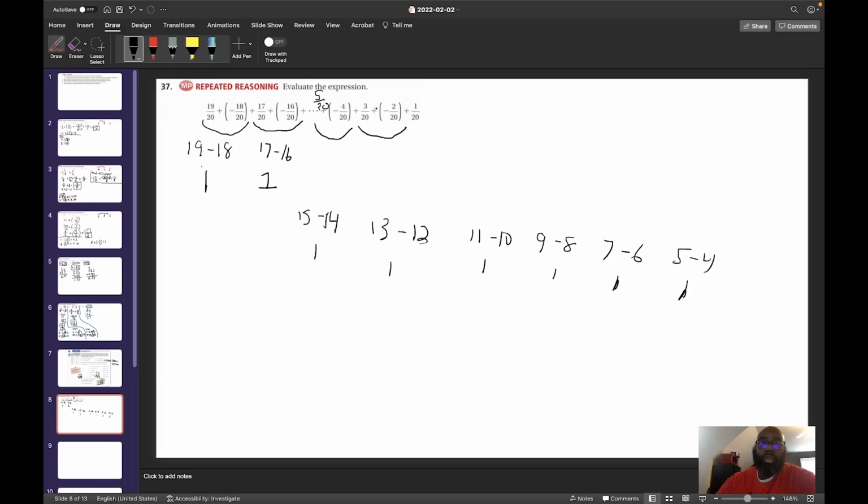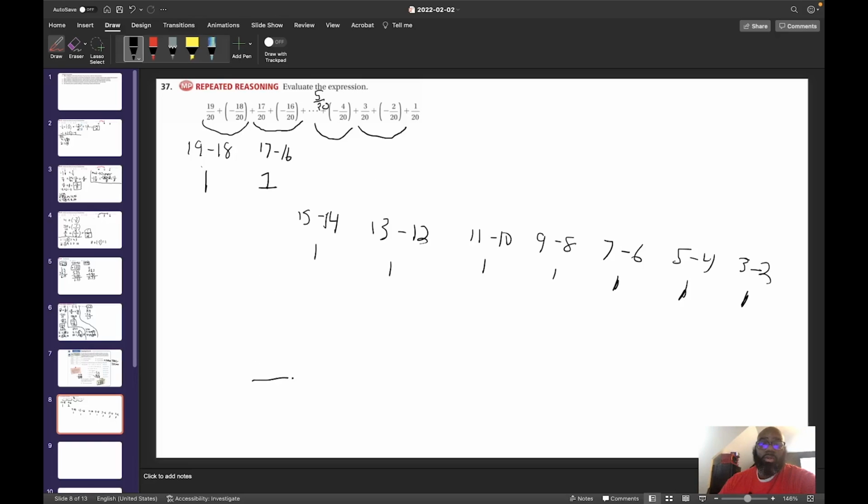There's your 1. Here's your 3 plus a negative 2, so 3 minus 2 is there. That's equal to 1. And then you're left with just plus another 1, okay? So now let's add these up. So really it's just 1 plus 1 plus 1 plus 1 plus 1 plus 1 plus 1 plus 1 plus 1, and then plus this final 1.